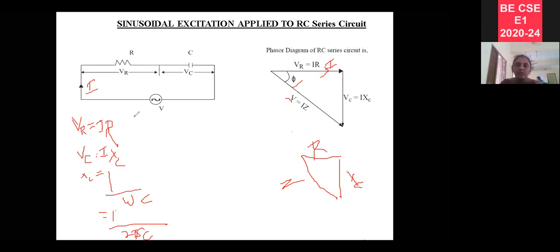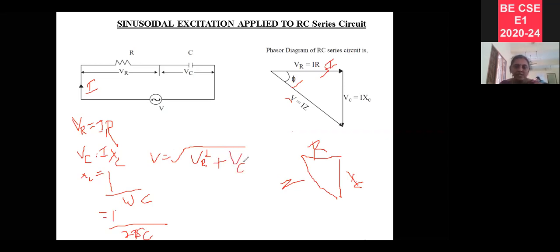Now for this circuit, we are going to find out the impedance. As this is a series circuit, the resultant V is equal to square root of VR square plus VC square.